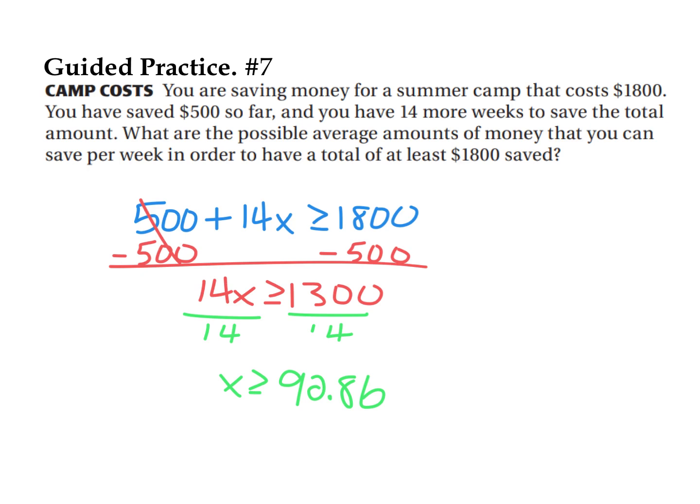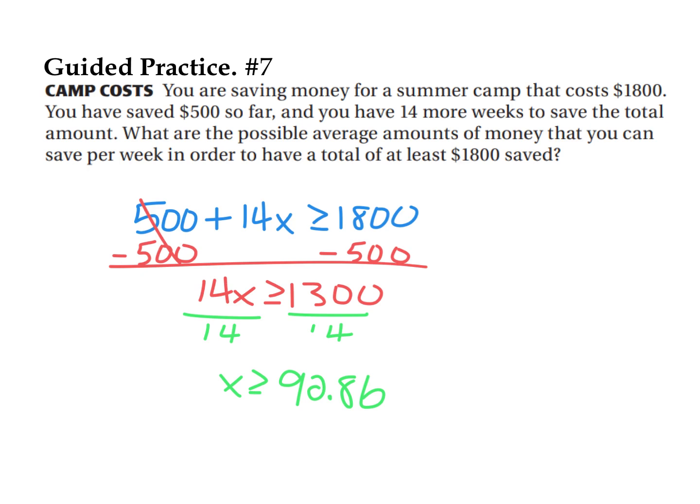All right, so we can write out an inequality that goes with this situation. Keep in mind we want to save at least $1,800, so that means that much or more, and we can solve that. Then just be realistic about the answers you get when we're talking about money or other things. Where should we round to? Sometimes in those real world scenarios, we don't have to be told.